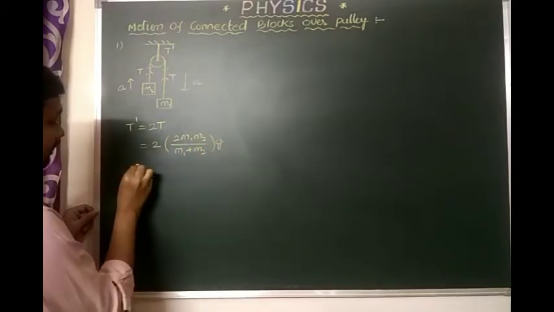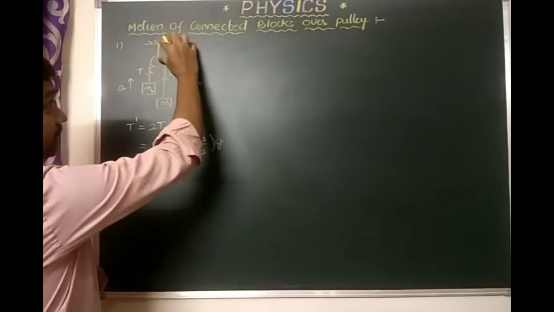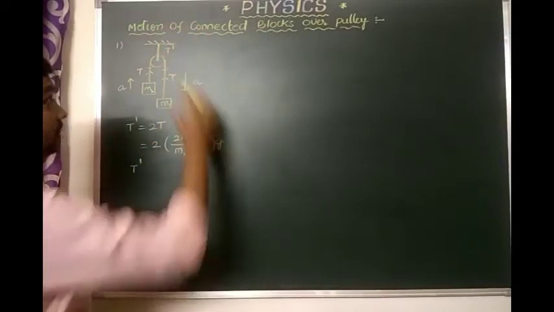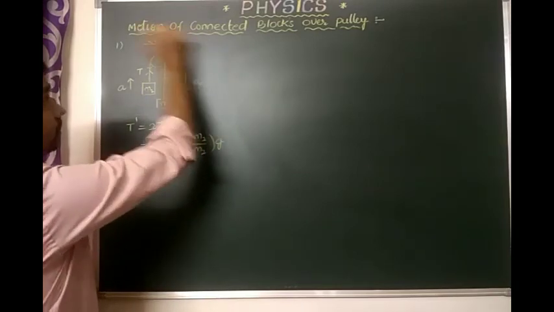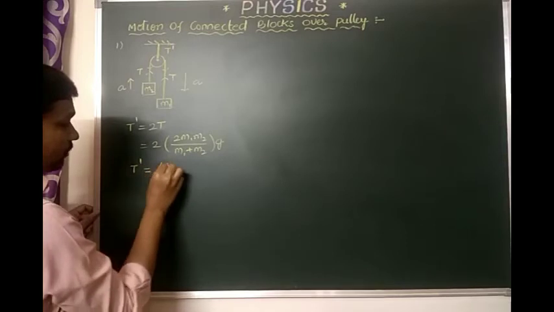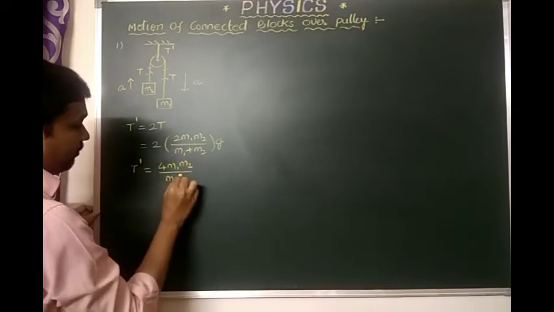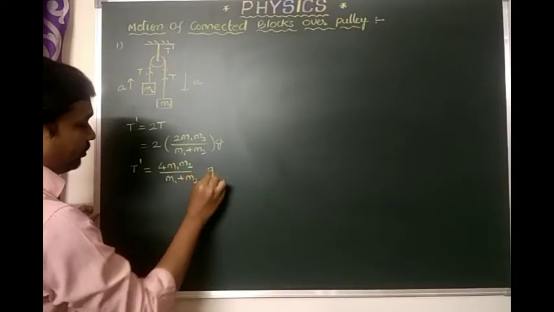This gives the thrust, or the force exerted on the roof. T dash equals 4m1m2 by (m1 plus m2) into g.